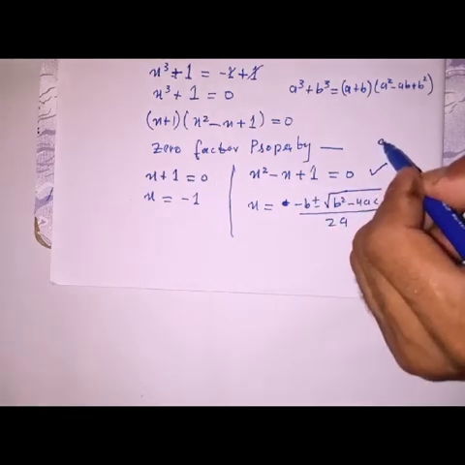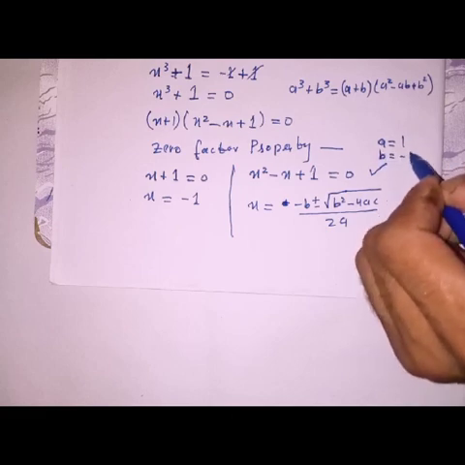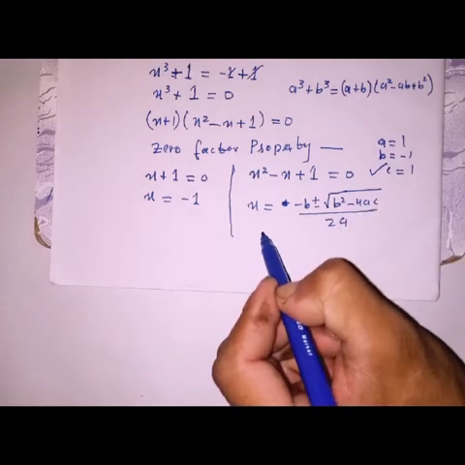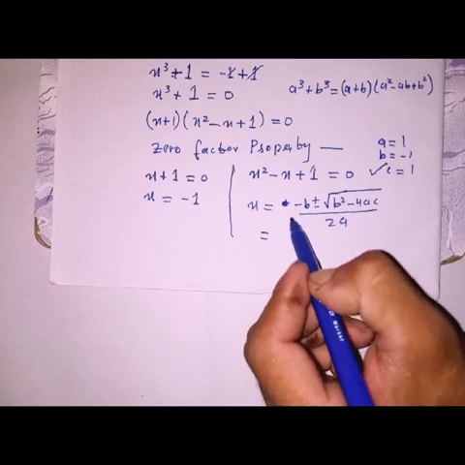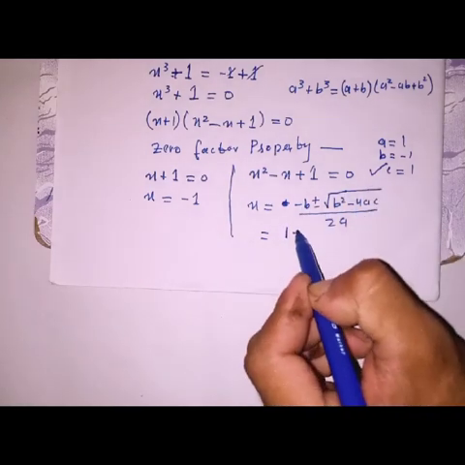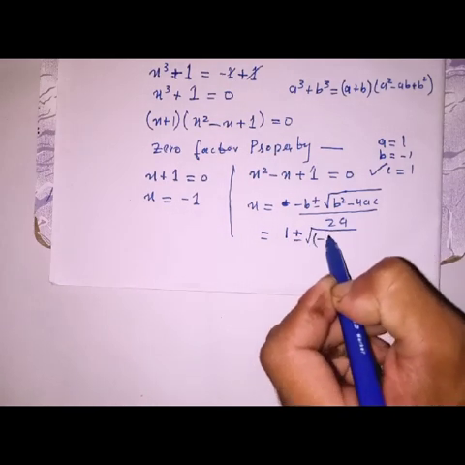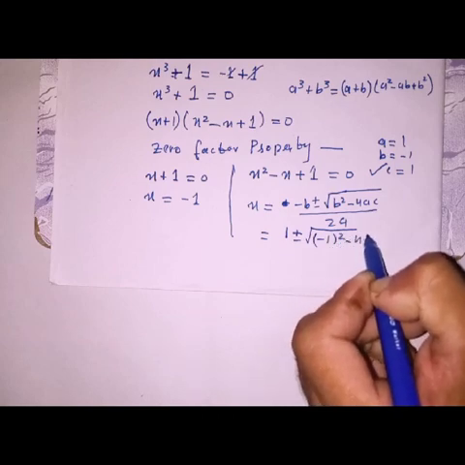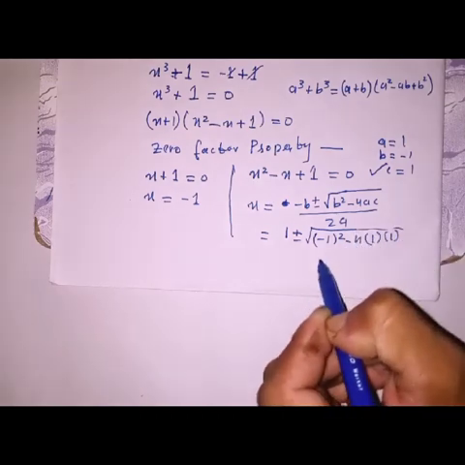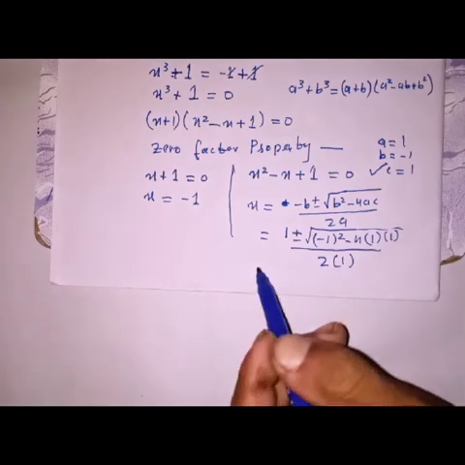Here we have a is equal to 1, b is equal to -1, and c is equal to 1. So putting the values of a, b, c in the quadratic formula, we get 1, because minus into -1 is equal to 1, plus minus -1 whole square minus 4 into 1 into 1 under the root, divided by 2 into 1.